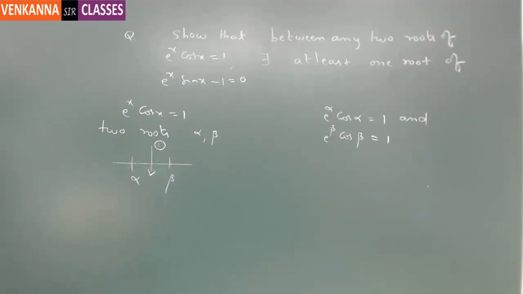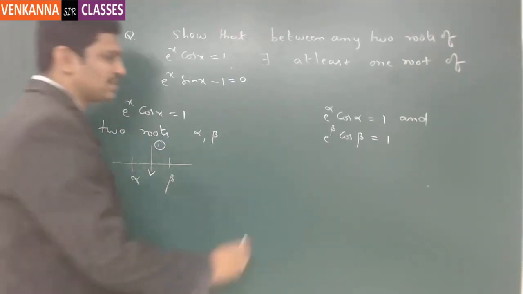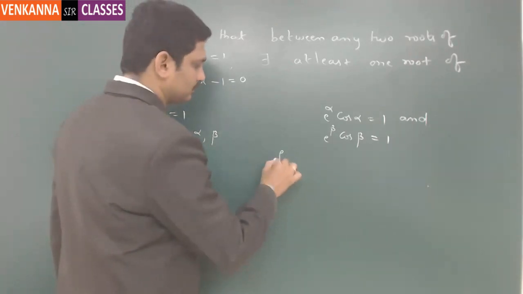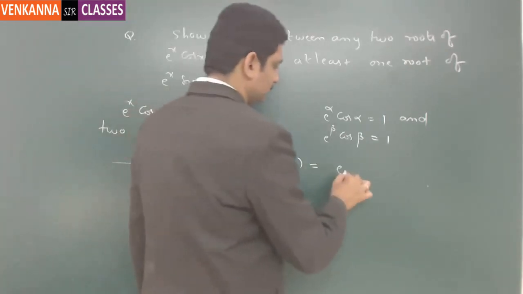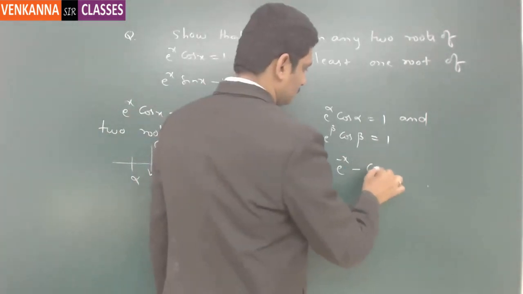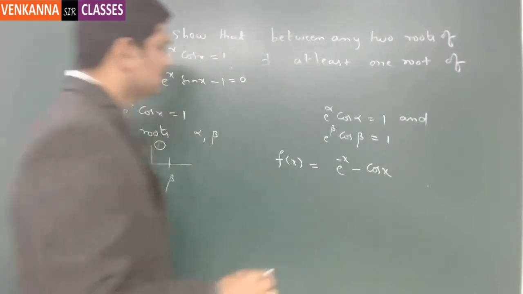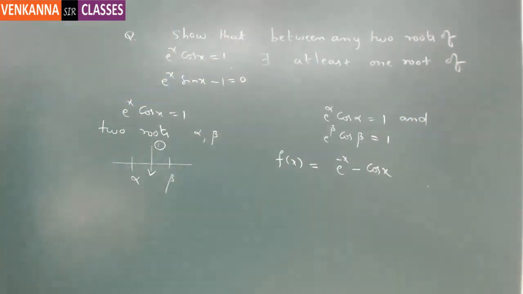Now we are going to define a function on the interval alpha beta which satisfies the conditions of Rolle's mean value theorem. So you define the function as f of x equal to e power minus x minus cos x. Let us define like this.